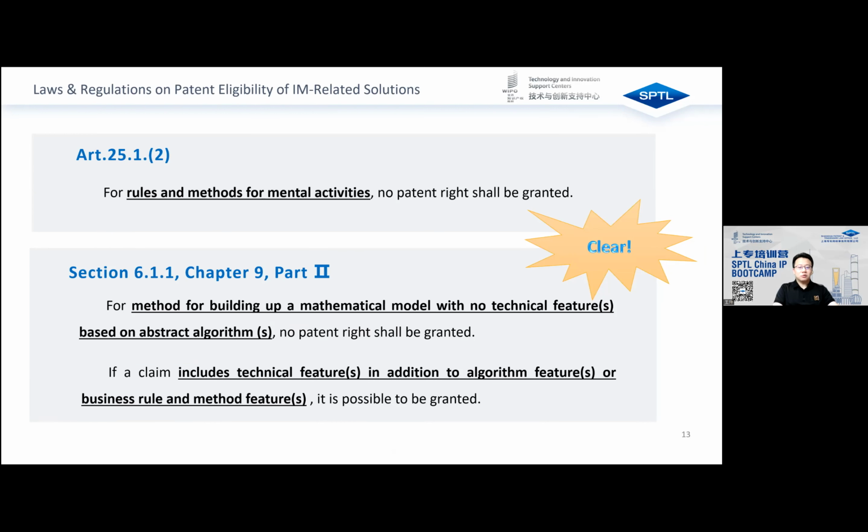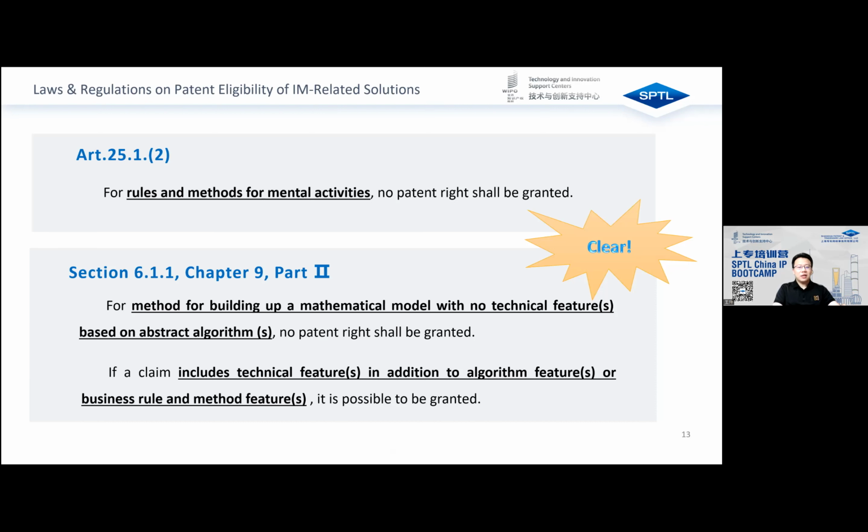According to what is stipulated in Article 25.1, for pure use and methods for mental activities, no patent right should be granted. As is further provided in the China Patent Examination Guidelines, for a method for building up a mathematical model with no technical features, and only based on abstract algorithms, no patent rights should be granted.